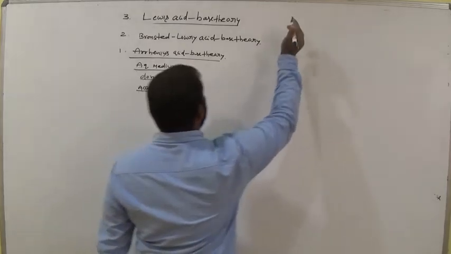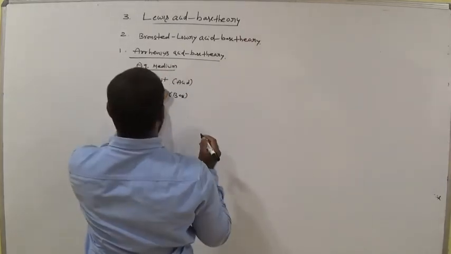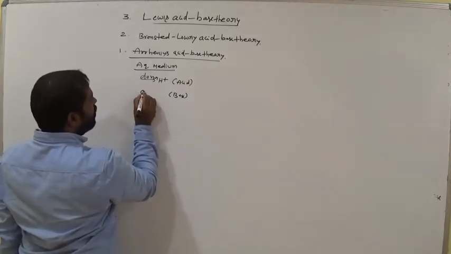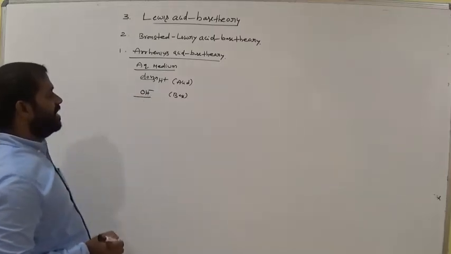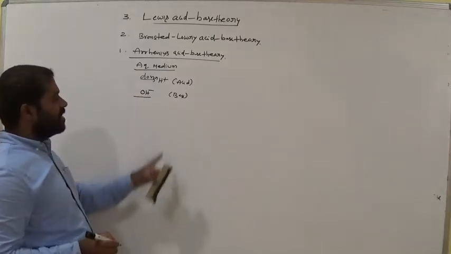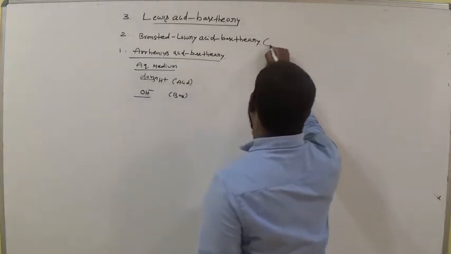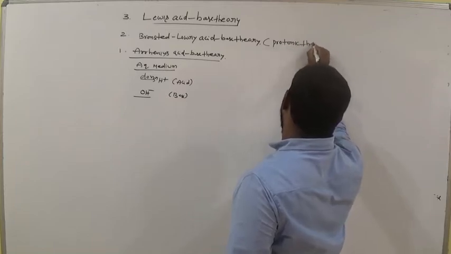In Arrhenius theory, an H plus donor, and OH minus donor in aqueous medium, is called a base. Come to Bronsted-Lowry, it is also called the protonic theory, am I right?